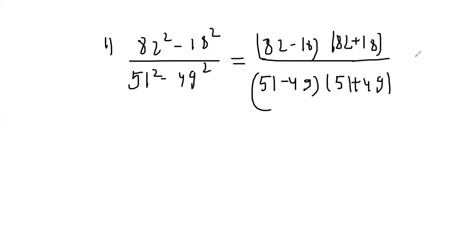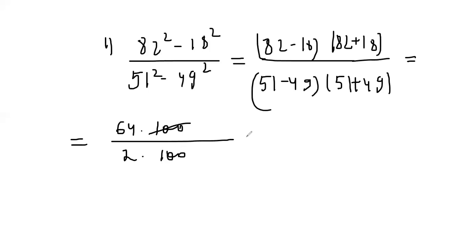It's easier to make these calculations: 82 minus 18 is 64, times 100, divided by 2 times 100. The hundreds cancel. We get 64 divided by 2, which makes it 32. So the correct answer is number 1, B, which is 32. We continue to the next one.